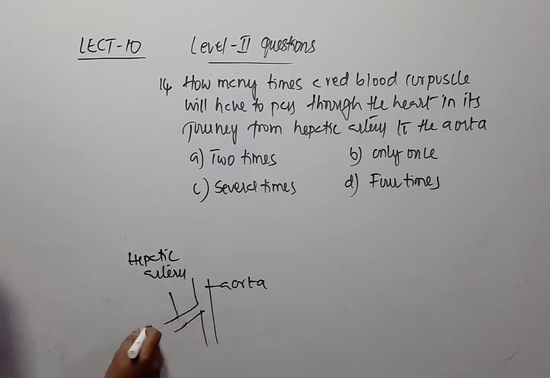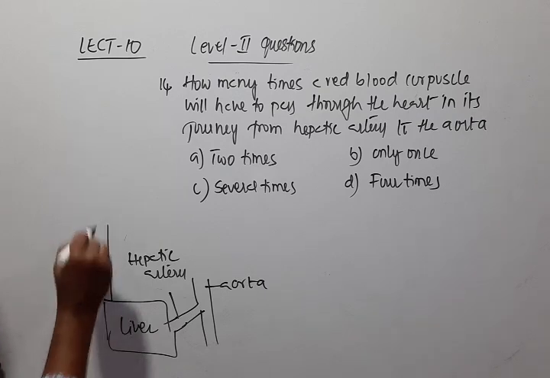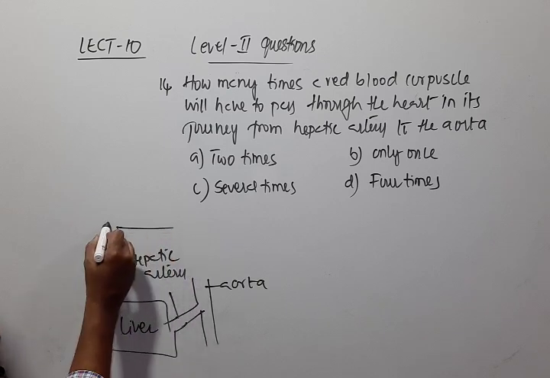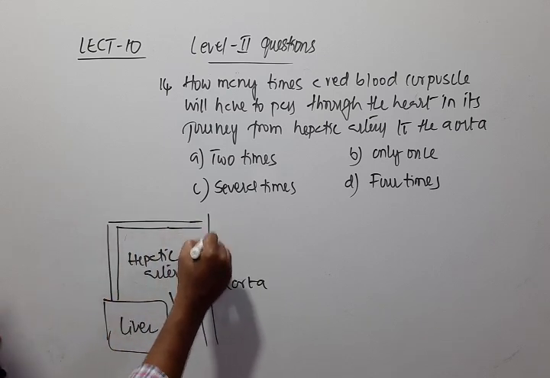The hepatic artery supplies blood to the liver. So this is the liver, and from the liver the veins will collect the blood, and then they send it to the heart.